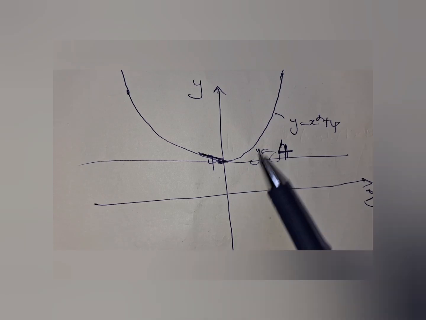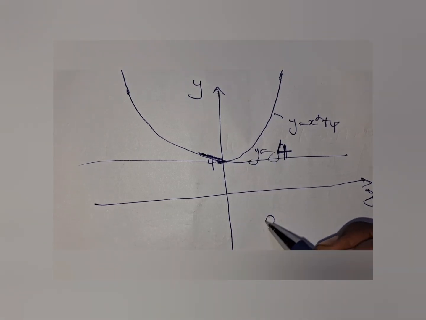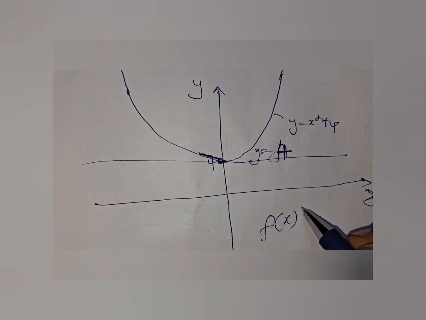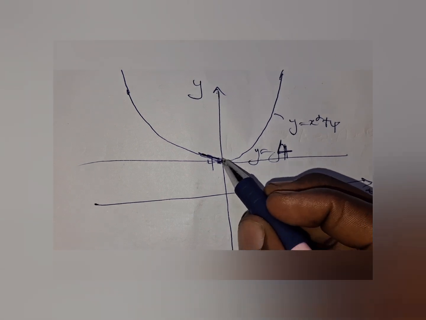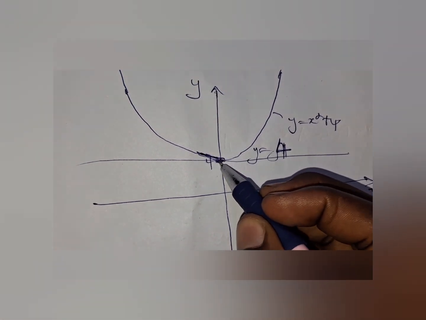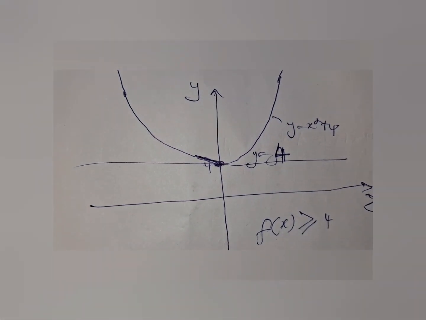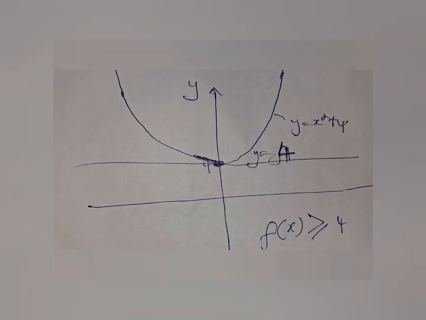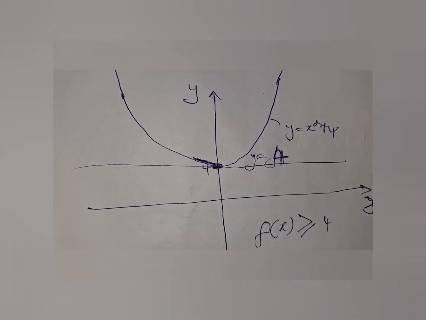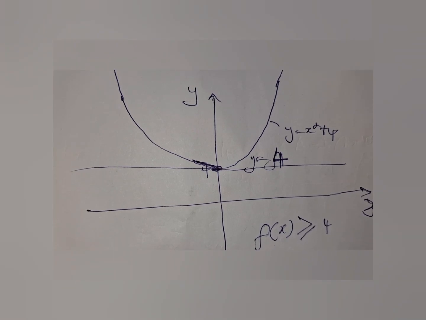Therefore, from this graph again, you can deduce that f of x is always greater than or equal to 4 when we are at our minimum point. So there are two ways of going about it. One is to just study the function. The other one is to just plot the graph whenever you want to find the range of a function.